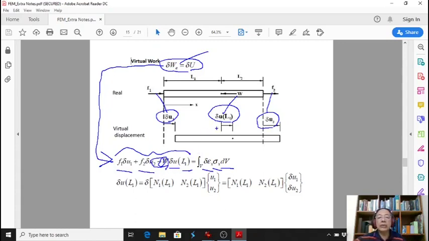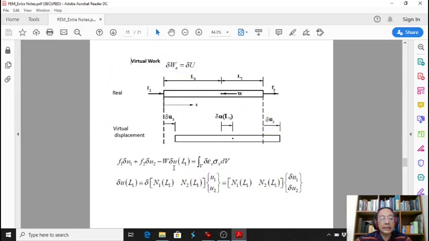Now we consider virtual U of L1, this term.